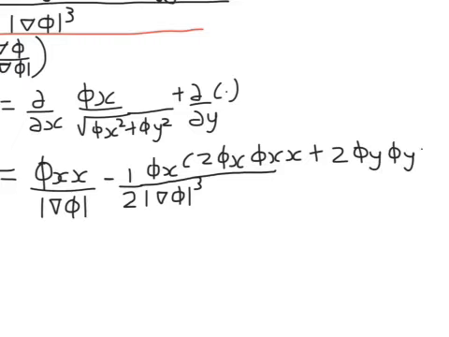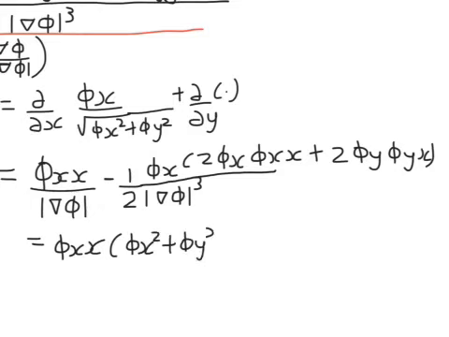Now taking the least common multiple, we get phi xx, and of course there is the y term which I'm not writing, but I'll add it later. Phi x square plus phi y square, just taking the least common multiple, negative, and the 2's get cancelled out.